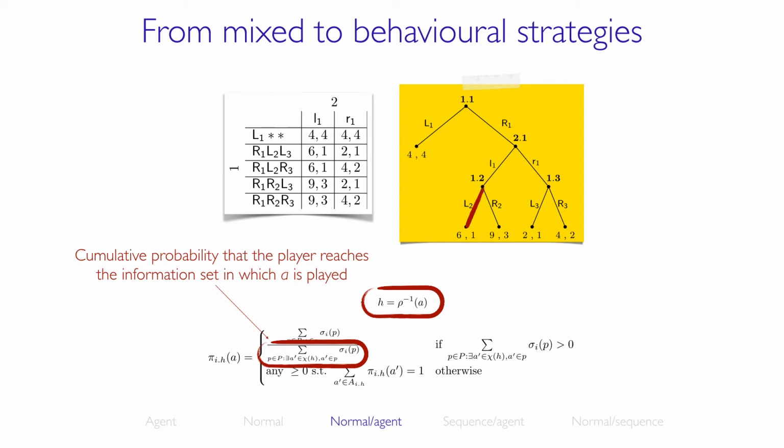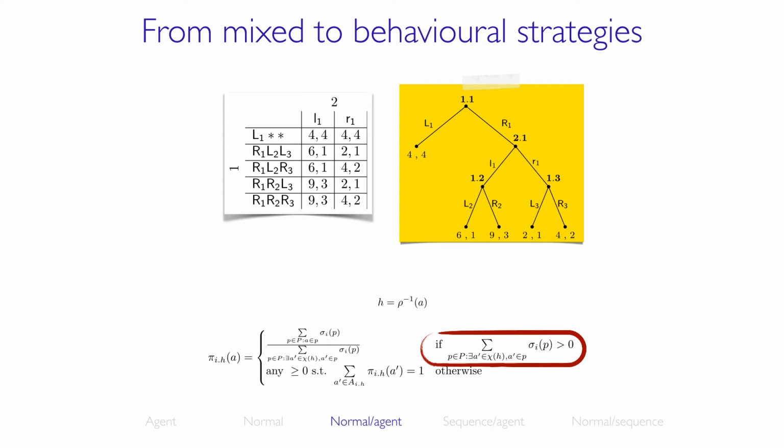Consider the denominator. In this case, we need the cumulative probability to play all the actions that are available at the information set in which the action L2 is available. In the formula, we define H as such an information set, that is, in this case, information set 1.2. The sum is defined on all the plans including an action that is available at information set 1.2. These plans are those marked in green in the picture.